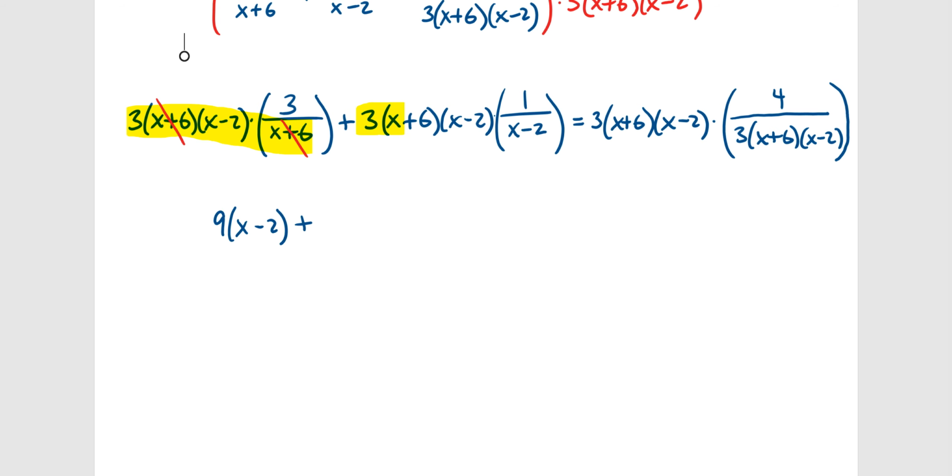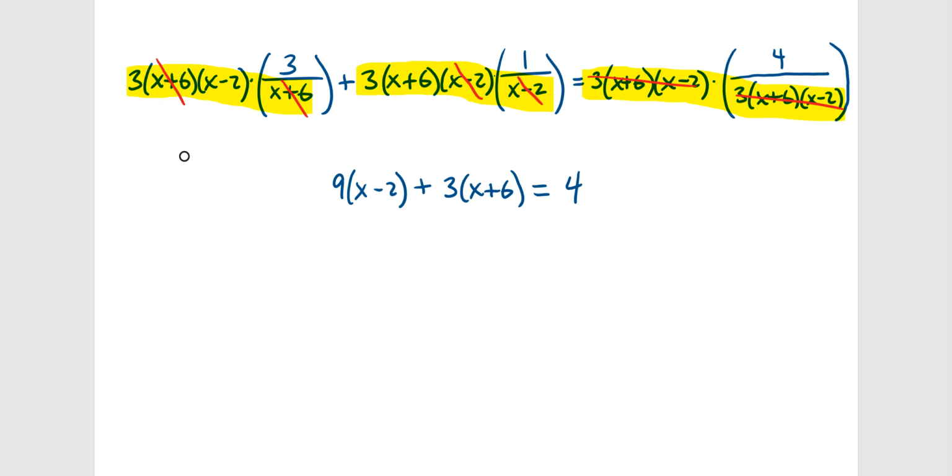Next we have this whole thing divided by x minus 2. The x minus 2's cancel, so we're just left with 3 times x plus 6 times 1. And for the right-hand side of the equation, we have this whole thing divided by itself, so everything cancels. All we're left with is 4.